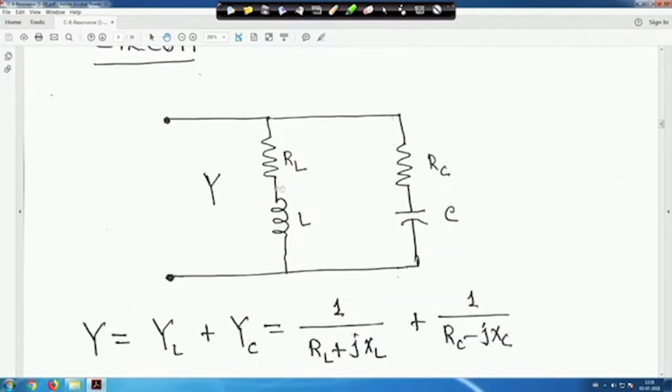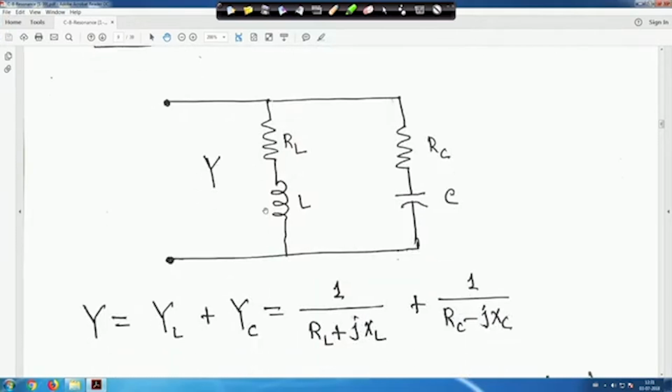So, Y is the admittance, right. Y is equal to YL plus YC. YL is the admittance of this inductive branch, so it is 1 upon RL plus JXL, and this is plus 1 upon RC minus JXC, right.